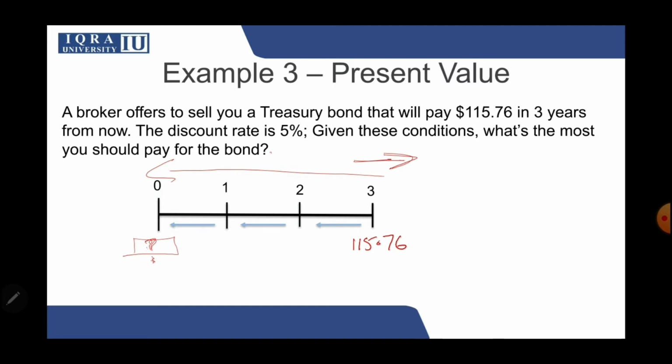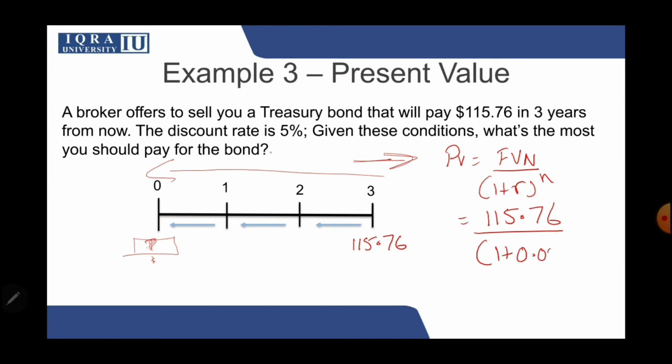If we use the present value formula for that, future value is 115.76. The discount rate is 5% and N is 3.